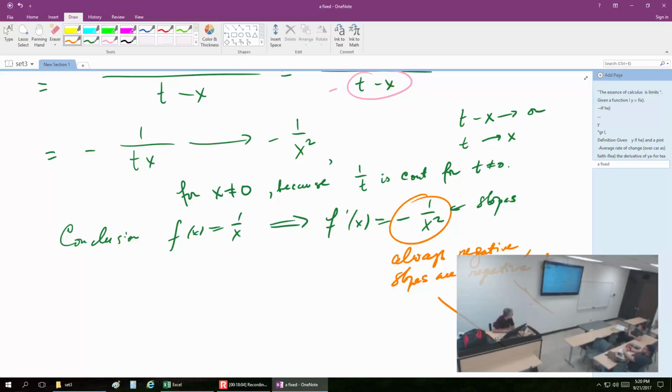The derivative is negative, so what is the proper term for the function? If you remember the term, f is decreasing. Remember what it means? Decreasing function.